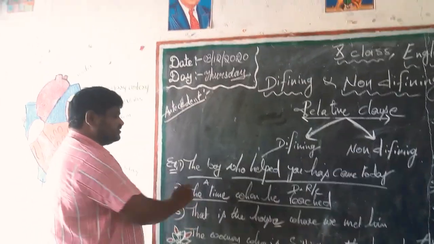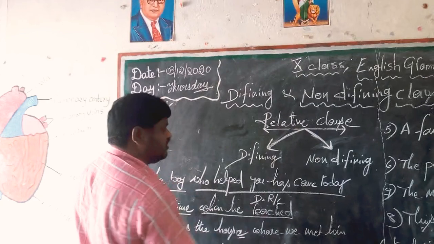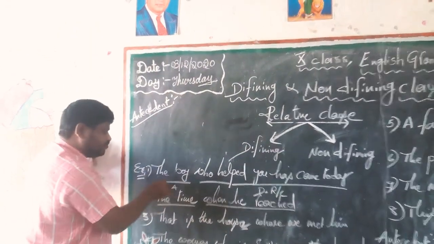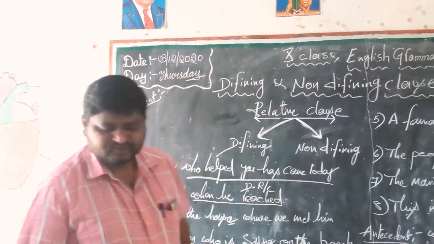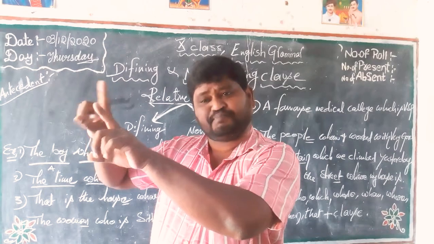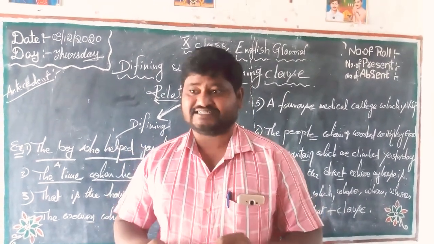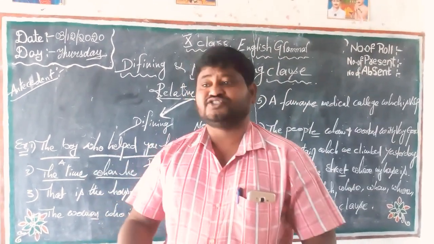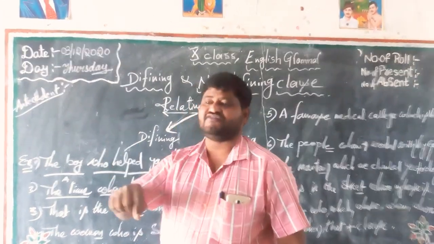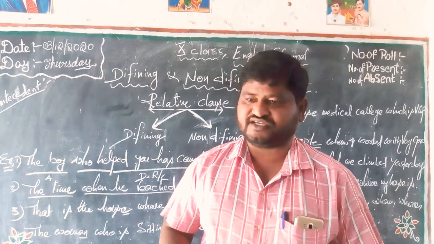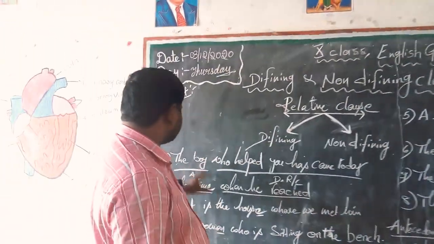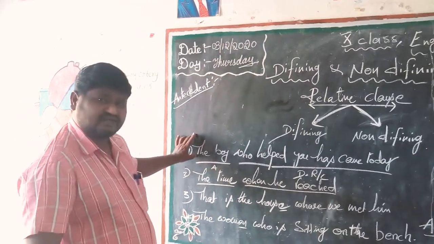Take the sentence: the boy who helped you has come today. Here, the boy means we do not know the particular antecedent. When we do not know the antecedent particularly, and after it we have a relative clause, we call this a defining relative clause. Here, who is the boy?